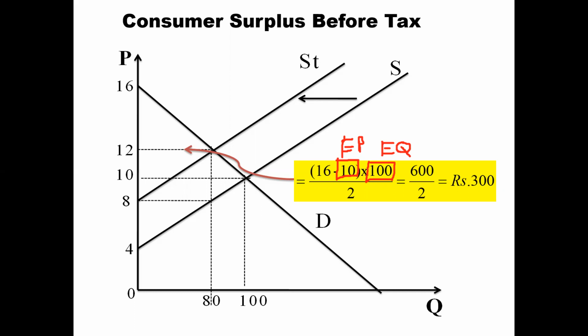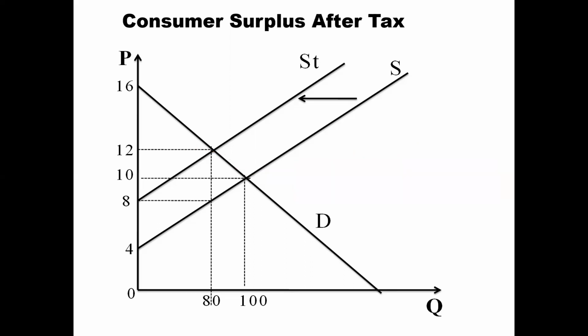Right. Okay. When finding consumer surplus after tax, mark the area and find the value the same way. Send me the answer value. Right, okay. Jamila correct.